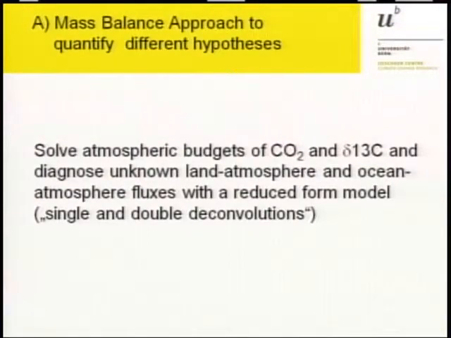And the first idea to use these records is not to use a very complex model, but simply consider mass balance. So the idea is that the total carbon in the system and the total carbon-13 in the system is constant, and we have some fractionation factors, and we simply solve the budget equations for CO₂ and for C13 to diagnose the two unknown fluxes between the land and the atmosphere, and between the ocean and the atmosphere, using a very simple reduced form model.